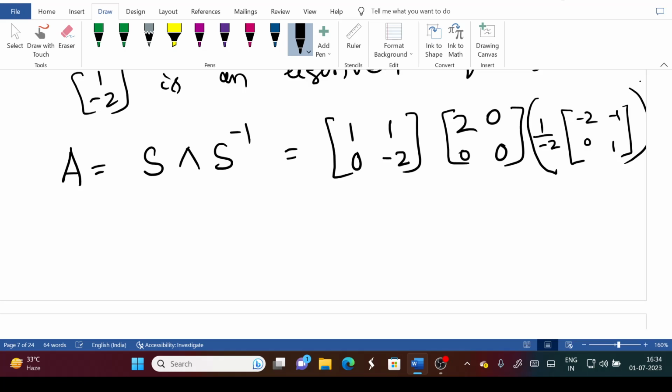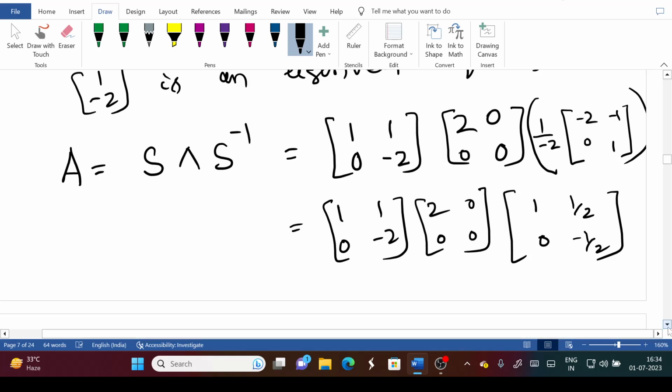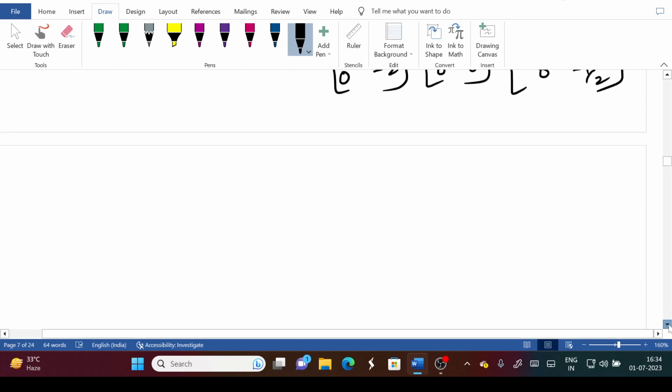That is how much? 1, 1, 0, minus 2, times 2, 0, 0, 0. This is 1. It is half. It is 0. It is minus half. So the eigenvalue factorization of A is this much.